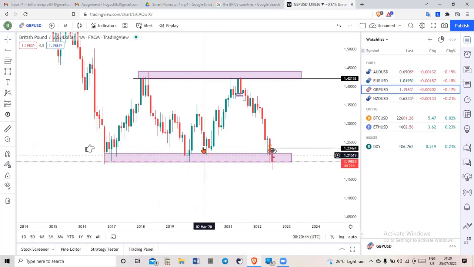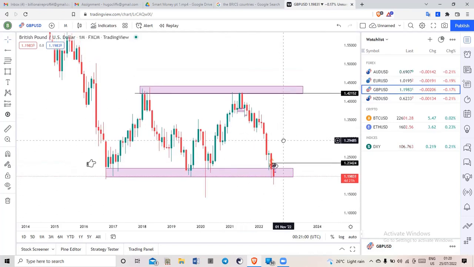We have the candle ending here, but the wick coming all the way down. You know that this is called the wick of a candle. I'm not really going into details of candles.